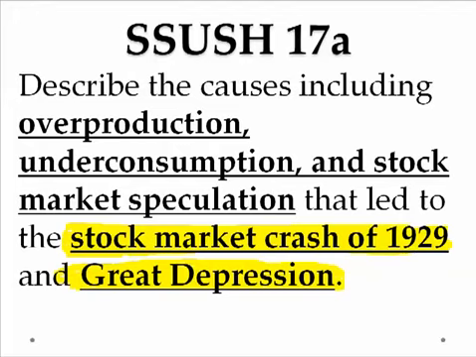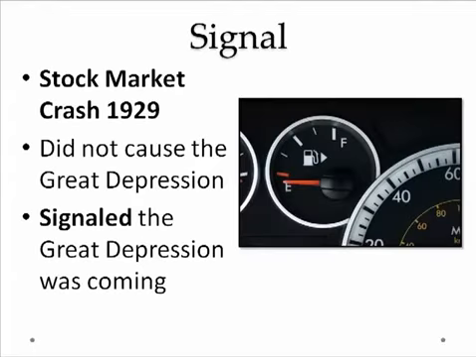What I'm trying to get you to understand here is that the stock market crash is not a cause of the Great Depression. It is merely a signal. It was a signal that the Great Depression was coming, that a decade or more, 12 years, was going to come, and we're going to have to deal with a bad economy.